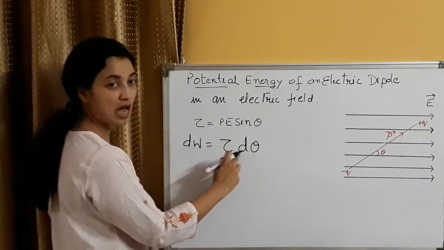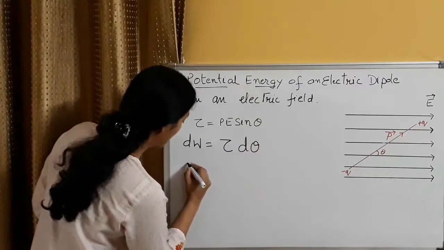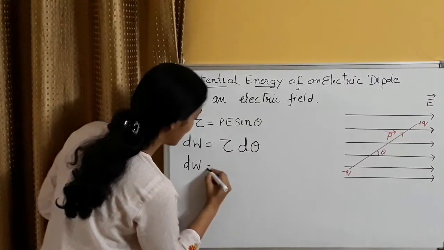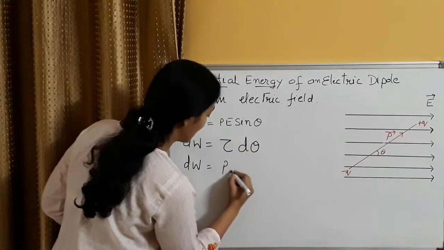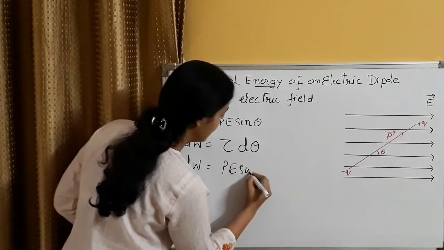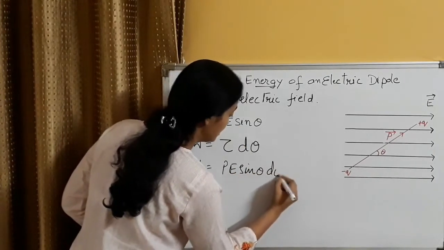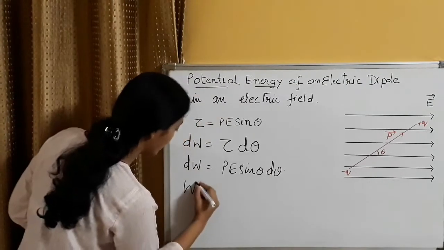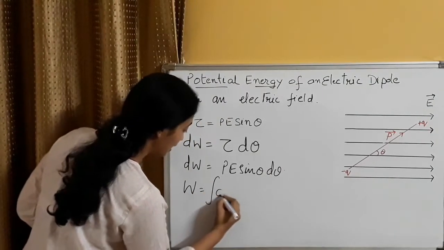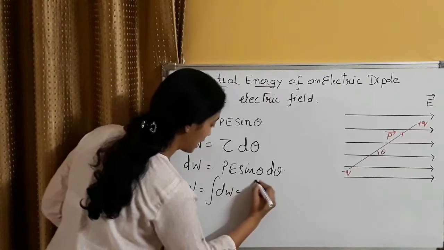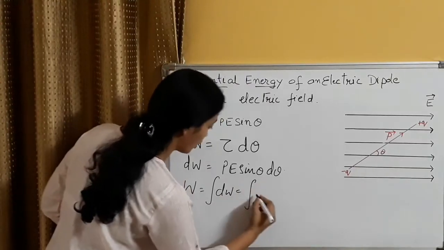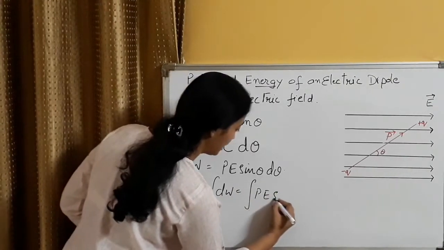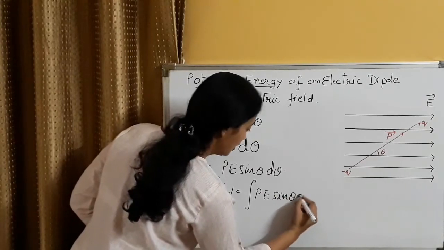Small work done is tau d theta, and in place of tau I can write P E sin theta d theta. Now what is total work done? Total work done is integration of small work done.